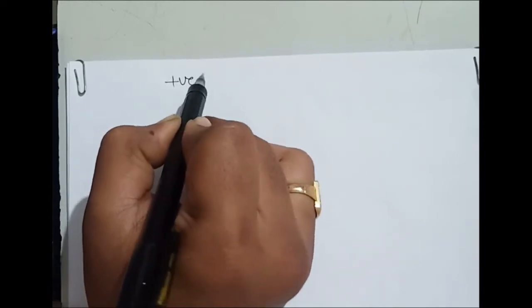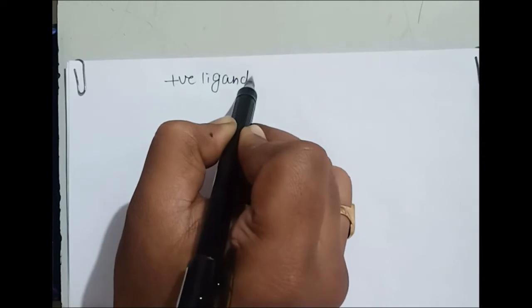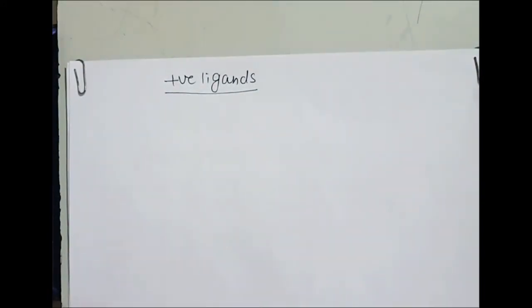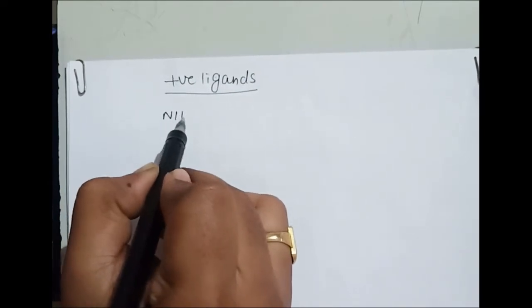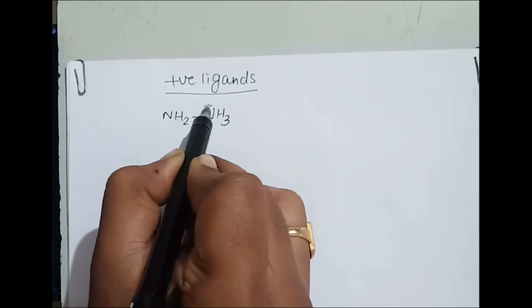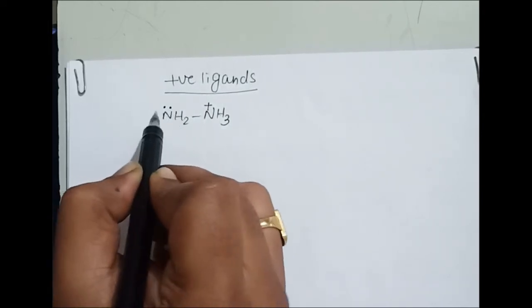Now, positive ligands are very rare because positive ligands are electron deficient. So electron deficient means they cannot donate an electron pair, but very rare ones are there. One is NH2NH3 plus. Here this is the positive one, electron deficient, but this nitrogen is free, so it can donate an electron pair.